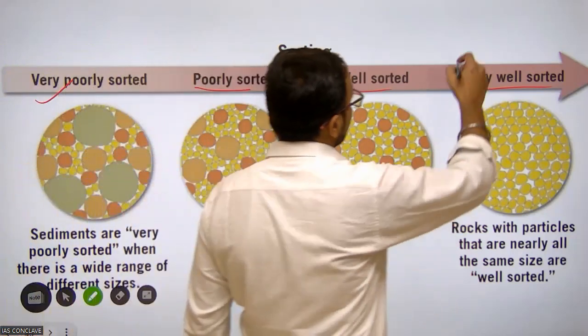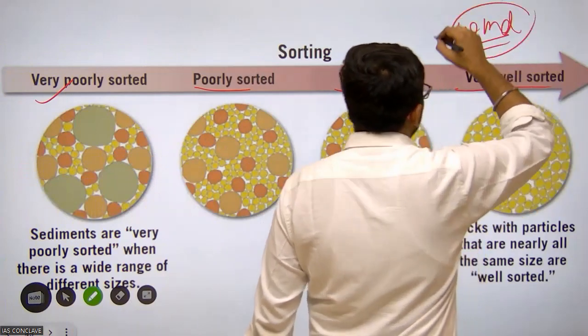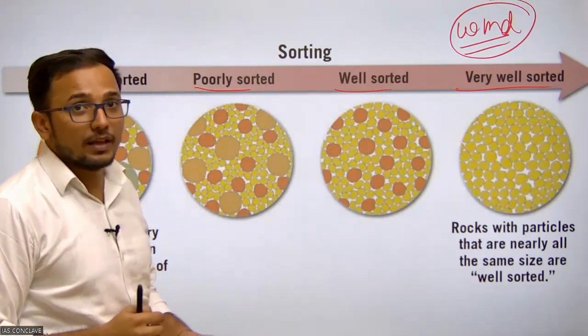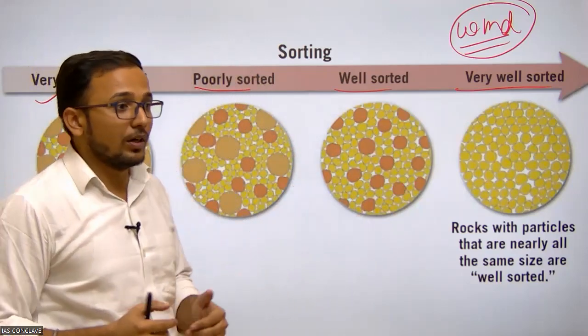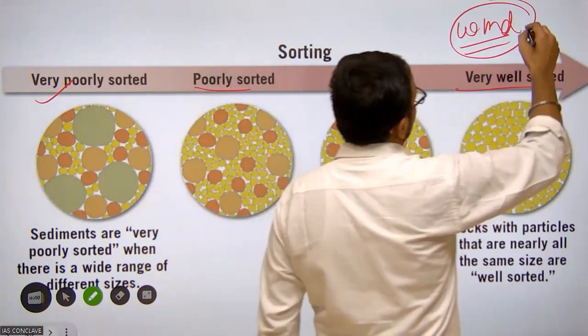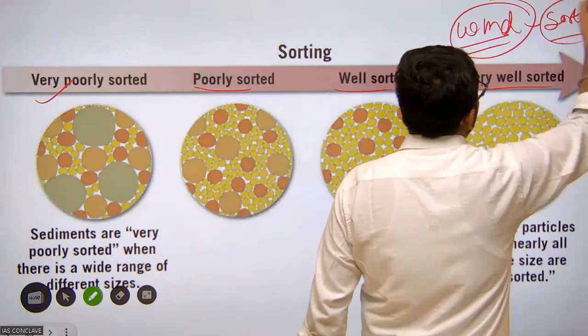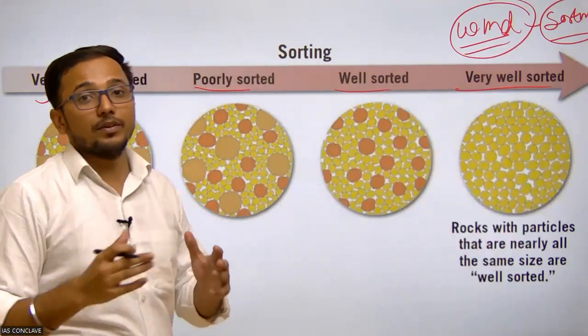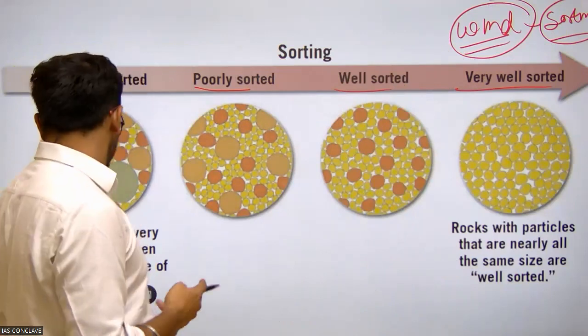If you look at the wind, wind does not have a significant carrying capacity. That means it can transport only fine particles. So it has a high sorting power. But glaciers have a very high carrying capacity. That means they do not have so much sorting capacity.